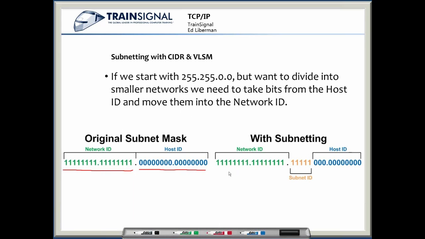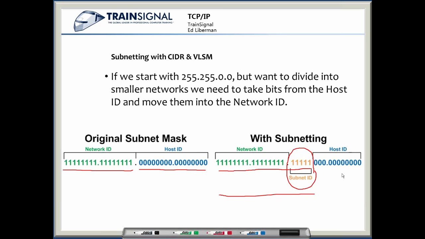With subnetting, we're going to steal from the host ID and extend our network ID 5 bits further into it. Some people call this the subnet ID, although this whole thing is now really just the network ID. Then we're left with a smaller host ID.